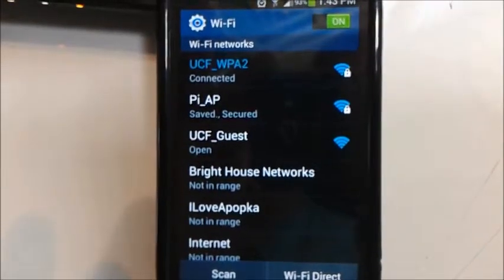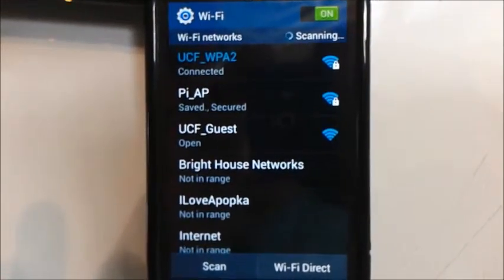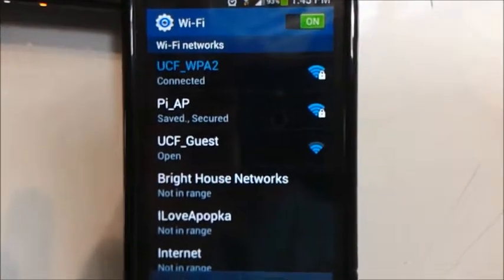Let's take a closer look from the Android side. Here you can see on the configuration screen the Pi AP network.